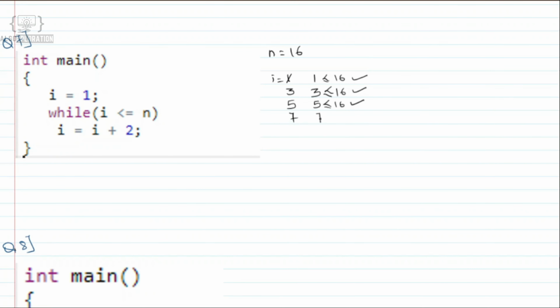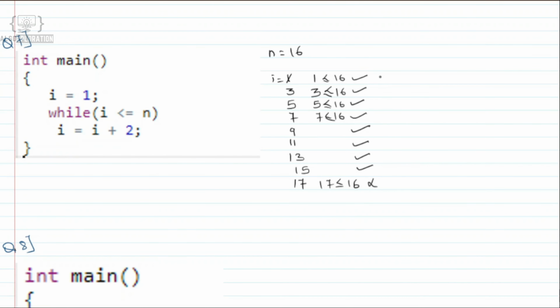7 is less than 16, then 9 is less than 16, then 11 which is less than 16, 13 which is less than 16, 15 which is less than 16, then 17 which is not less than 16.